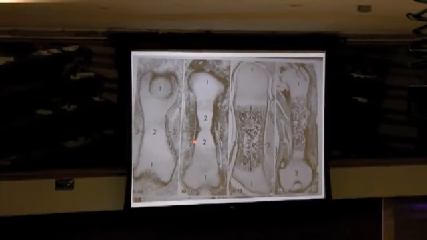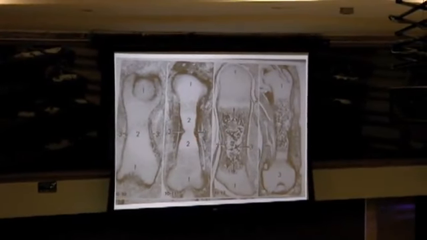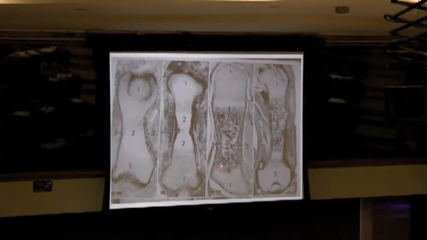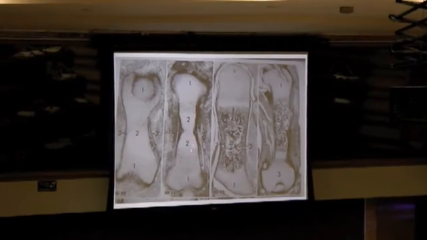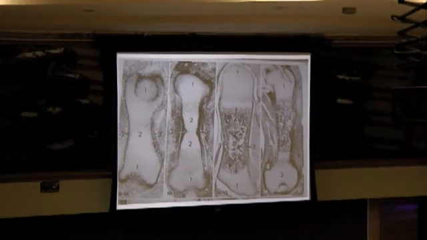It grows in size and then starts to become calcified, as you can see the calcification going on right here. And then again, a blood vessel comes in and brings in bone marrow. And so all of this stuff that was here, all this cartilage that was here, becomes replaced by bone and bone marrow. But again, there's still cartilage at the ends.